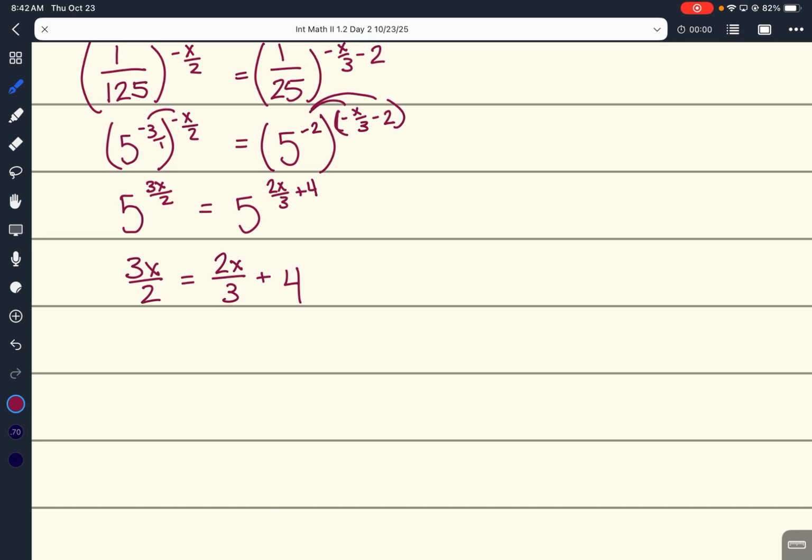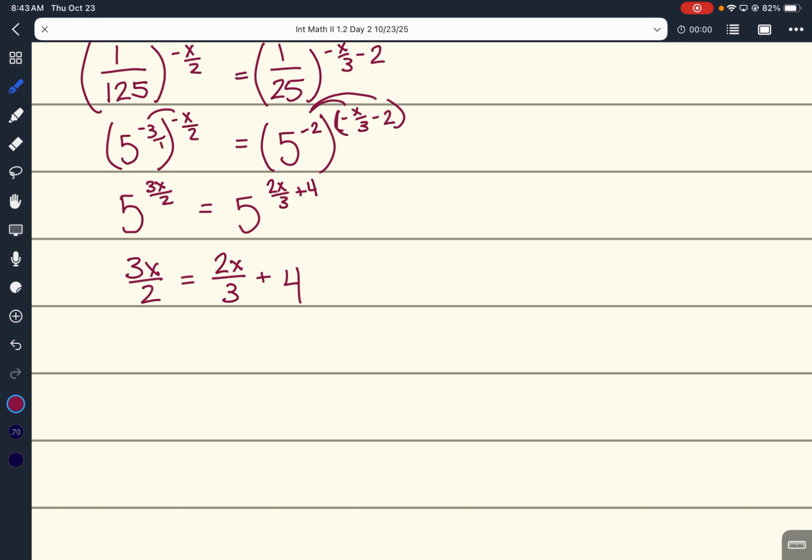So, this is what I tell everybody in my classes. If you don't like fractions, you need to learn how to get rid of fractions. Make sense? If you don't like the fraction, you need to learn to get rid of the fraction and do the work. Now, the fraction may come back in the end, but I won't have to work with the fraction, okay?